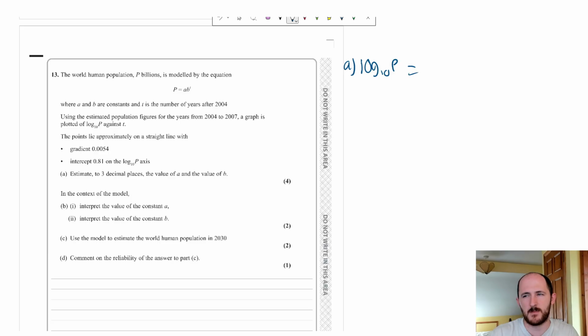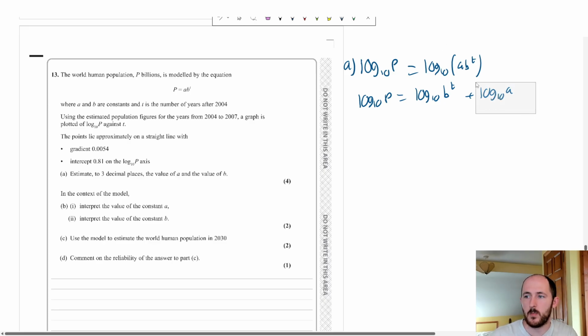But I think this might make slightly more sense, dare I say. P equals AB to the power of t. So first thing I'm going to do is separate that. Plus. Remember, because we're just timesing two things.